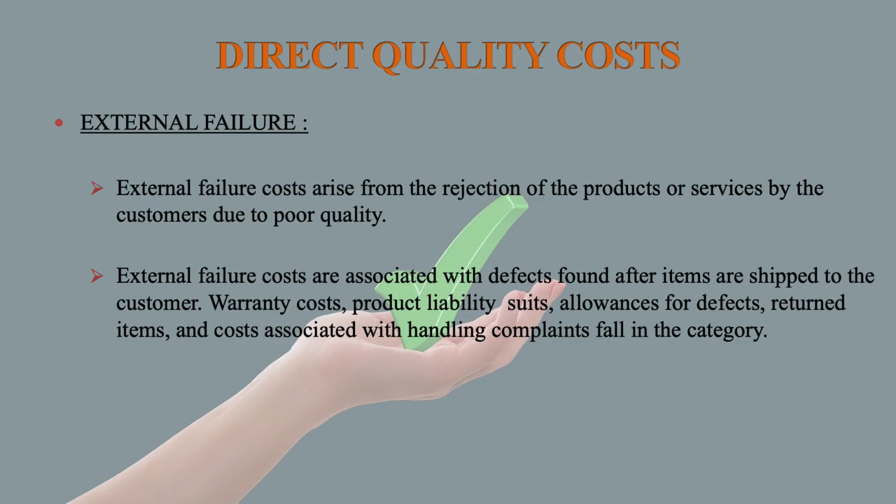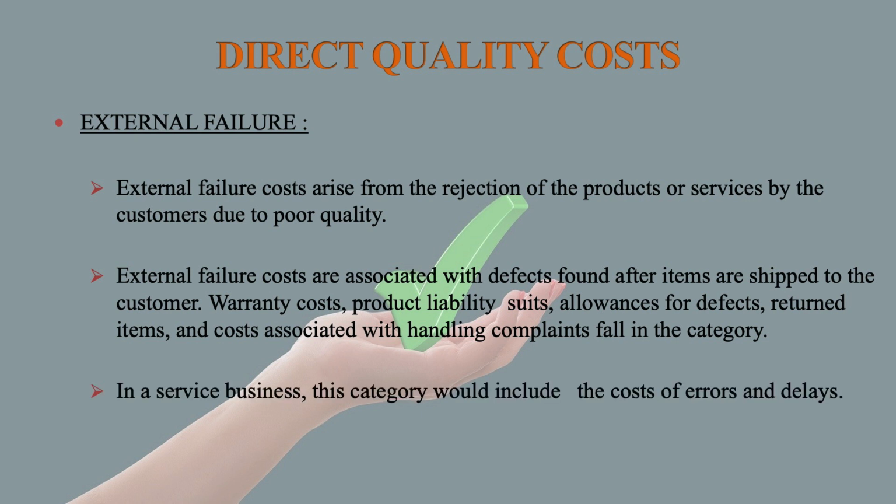External failure costs are associated with defects found after items are shipped to the customer. Warranty costs, product liability suits, allowance for the defects, return items, and costs associated with handling complaints fall in this category.